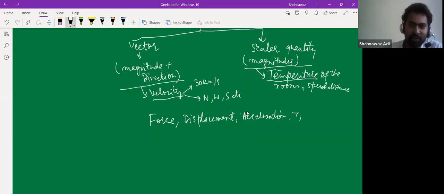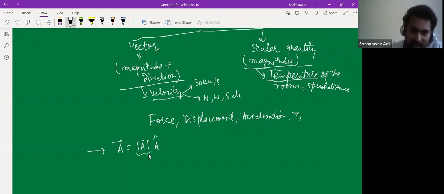Okay, so how do you represent a vector? Let's say A is a vector. This has two components, as I said earlier. One is the magnitude and the other one is the direction. Understood?